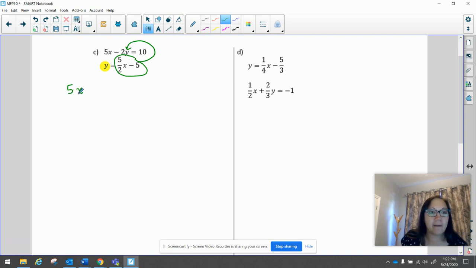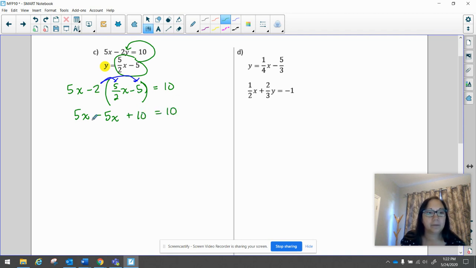So I'm going to have 5x minus 2 sets of this entire expression. So 5/2x minus 5, and that is equal to 10. And I'm going to distribute that -2 to both terms. So watch out, we're distributing a negative here. So the 2's will cancel, but I'll get -5x, and -2 times -5 is +10.